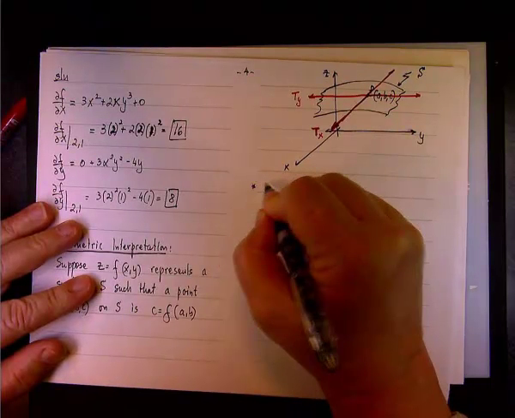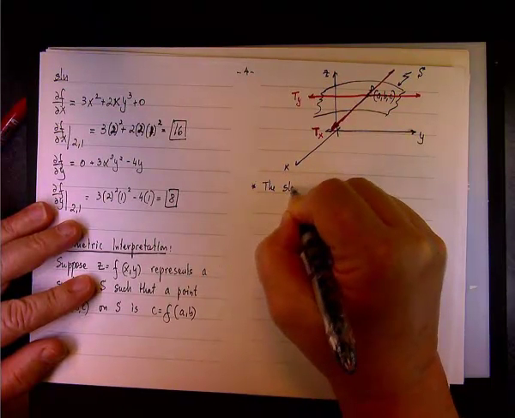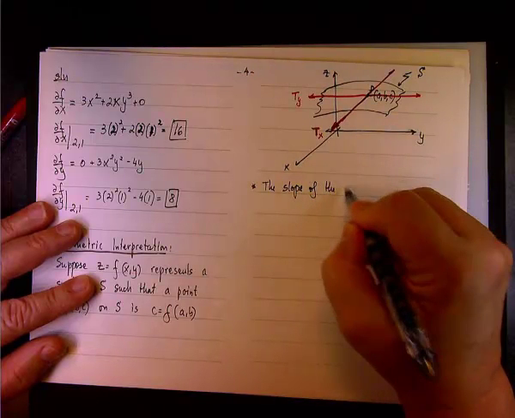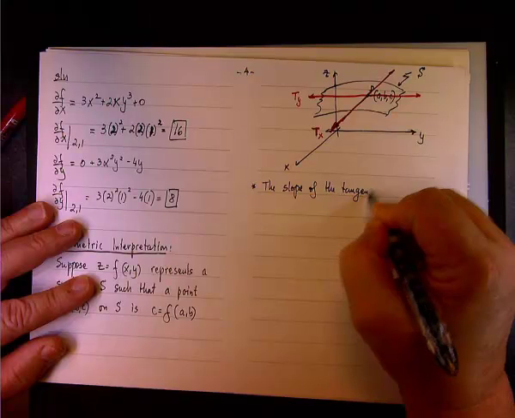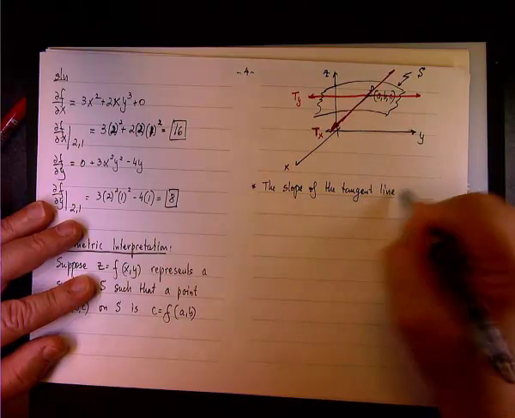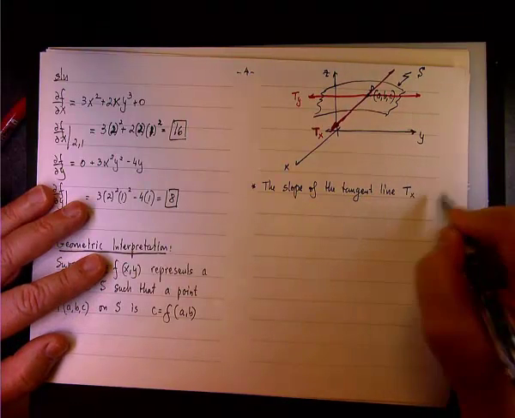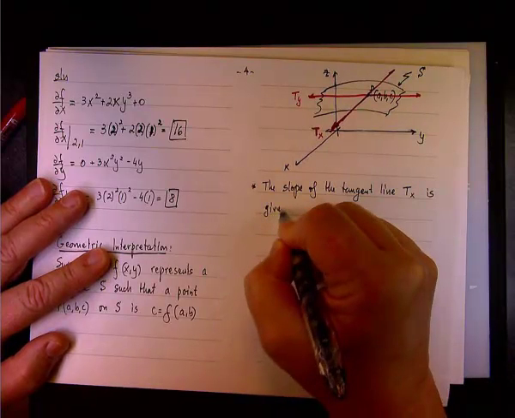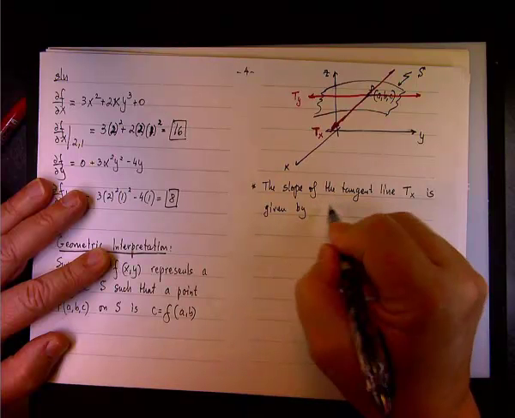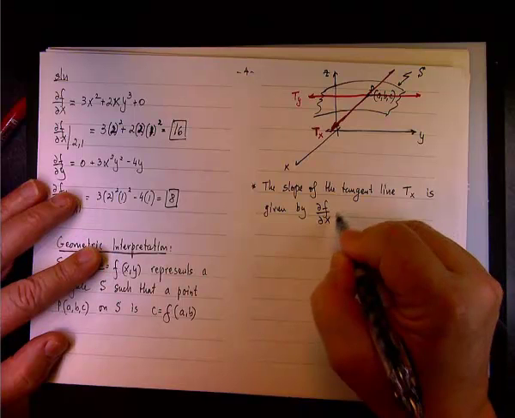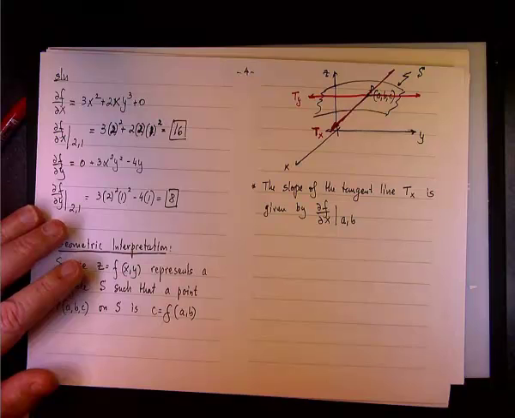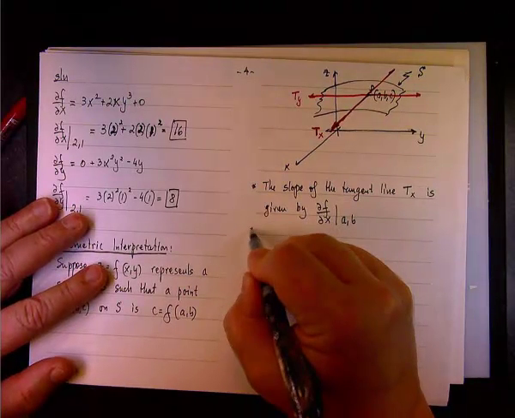So let's write a comment, and we're going to say that the slope of the tangent line t sub x is given by del f del x evaluated at (a, b).